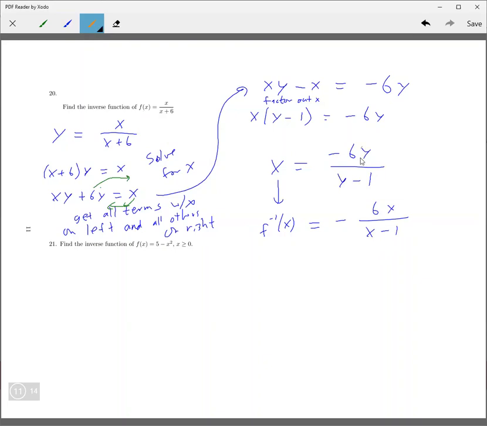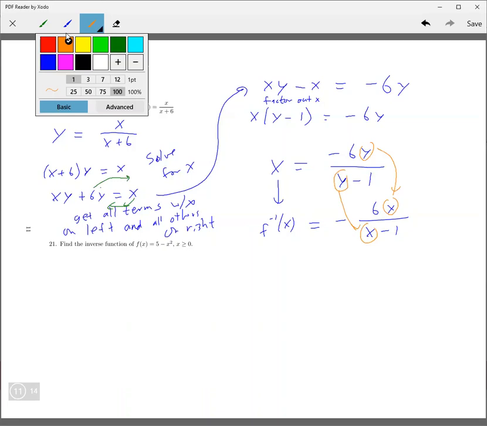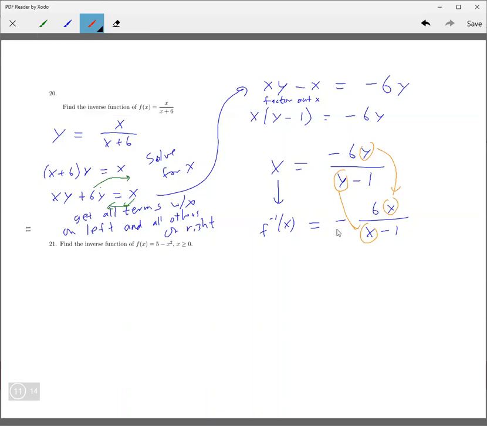So replacing these y's with x's and replacing the x with f inverse of x, this will be the answer right here. F inverse of x is negative 6x over x minus 1.